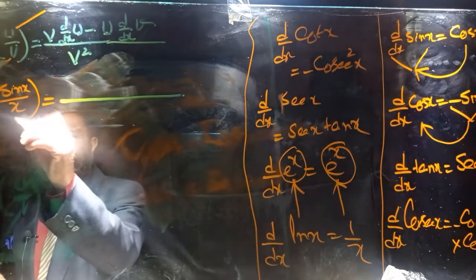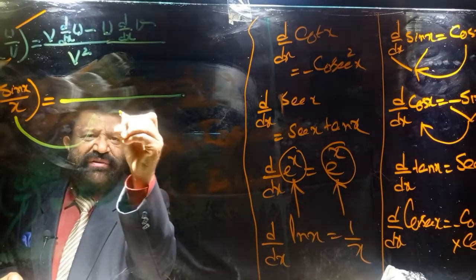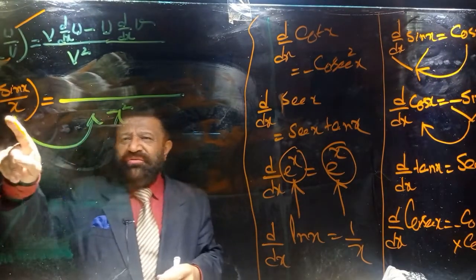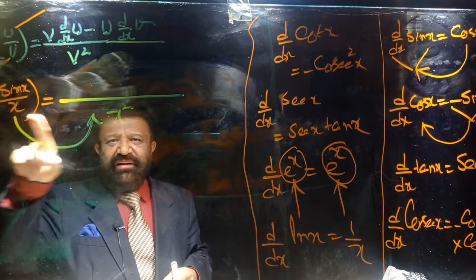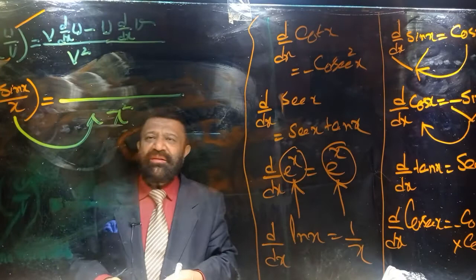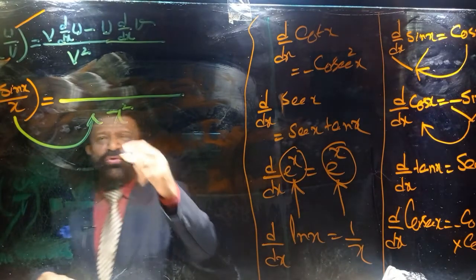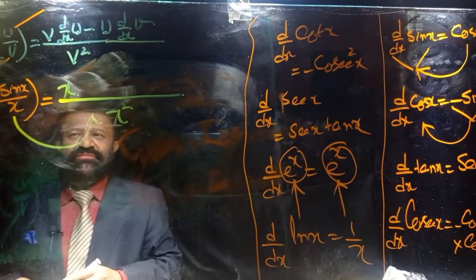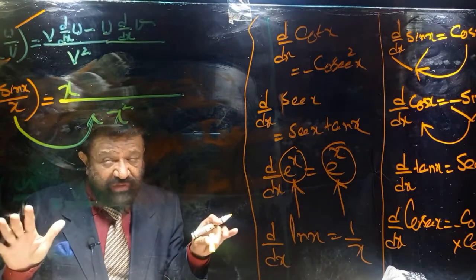Whatsoever is written in the denominator, you will simply write x square. If there was cos, you would write cos square. Tangent, then tangent square. Now in the next step, you will write only x over here, no change.